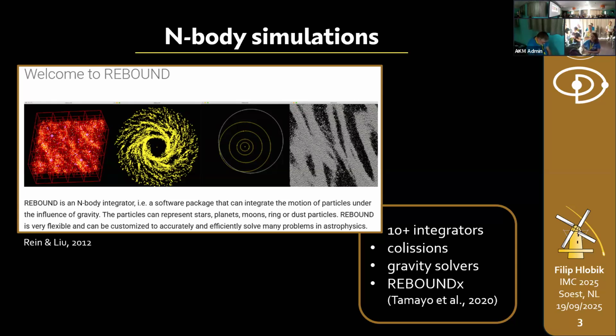It also contains several collision and gravity solvers for use in various parts of astrophysics. There's also an associated package called REBOUNDx by Tamayo and colleagues, which contains many non-gravitational forces and effects, some of which we have also used.